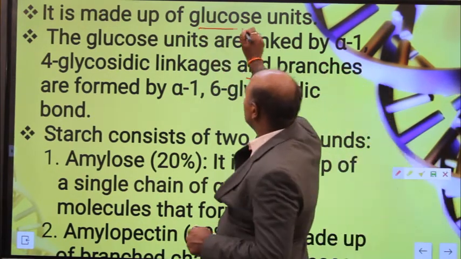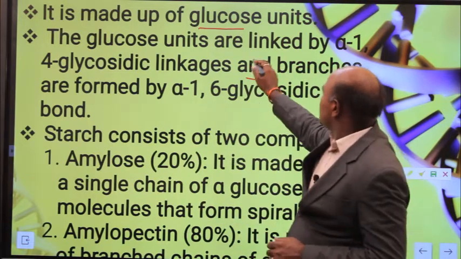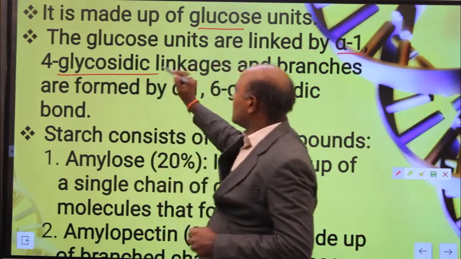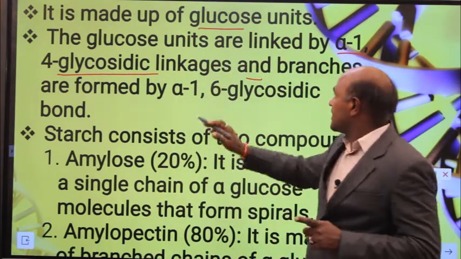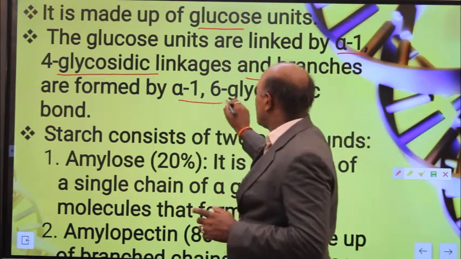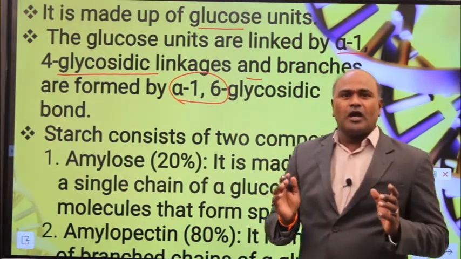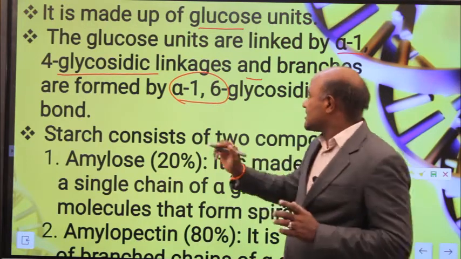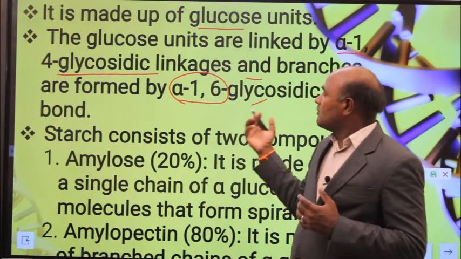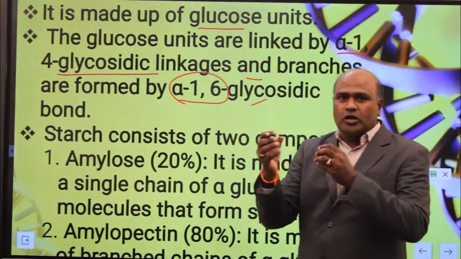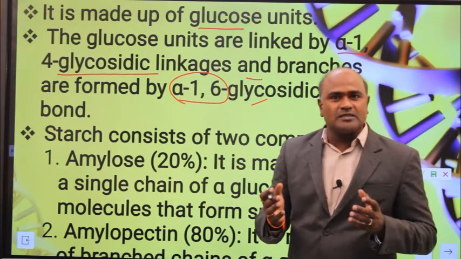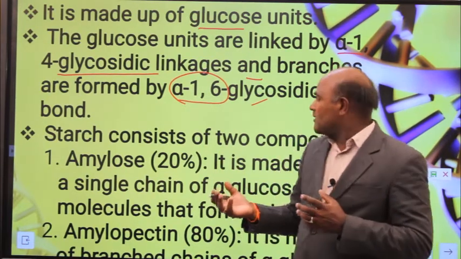The glucose units are linked by alpha 1,4 glycosidic linkages, and branches are formed by alpha 1,6 linkages through the glycosidic bond. The sugar units link one sugar molecule to another, but the linkage is alpha 1,4 and then alpha 1,6.